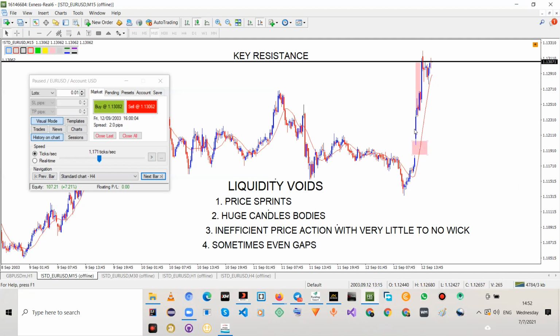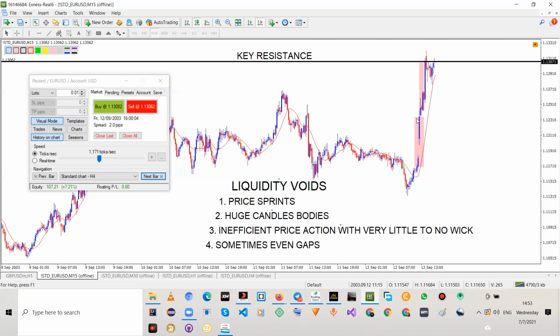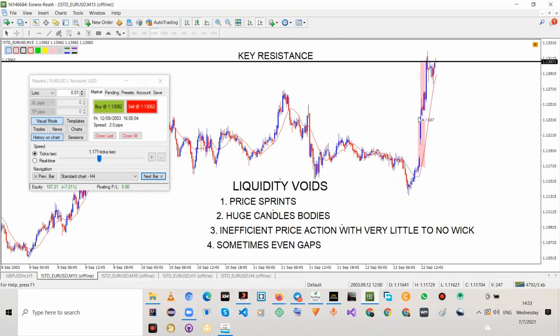So you can imagine this is a large range candlestick, a big bodied candle. This is what encompasses the liquidity voids.